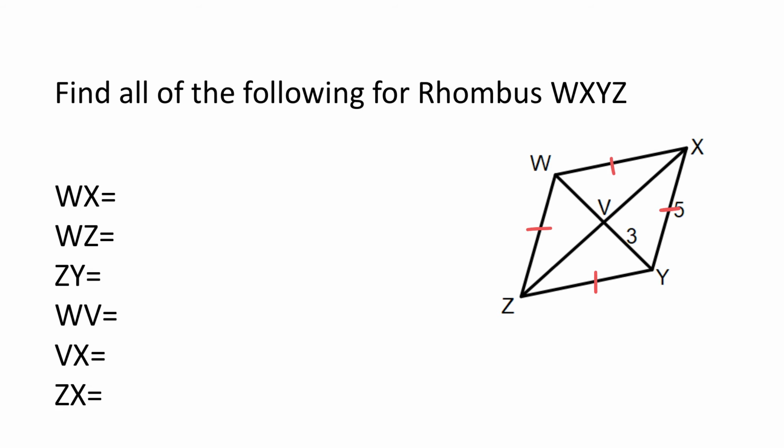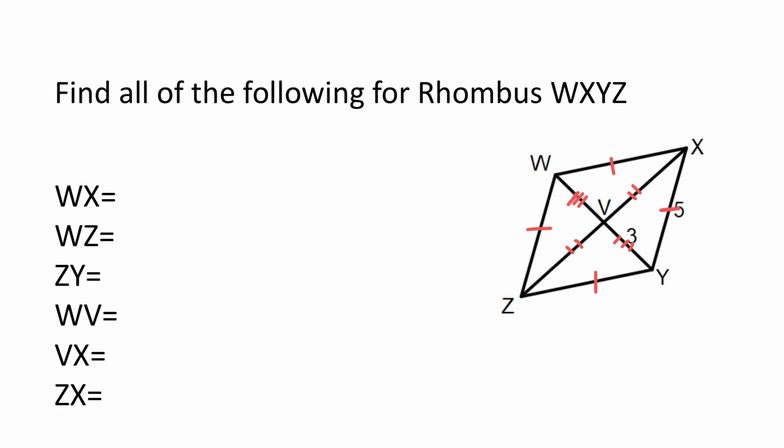So these are 90-degree angles on the inside here. We also know that this segment will be equal to this segment, and this segment will be equal to this segment.